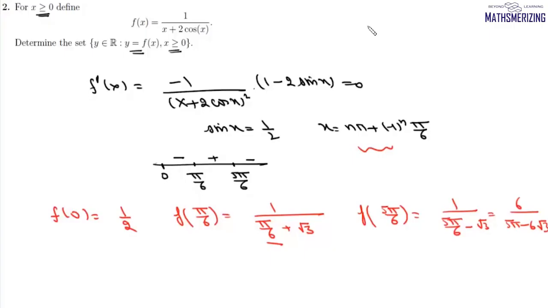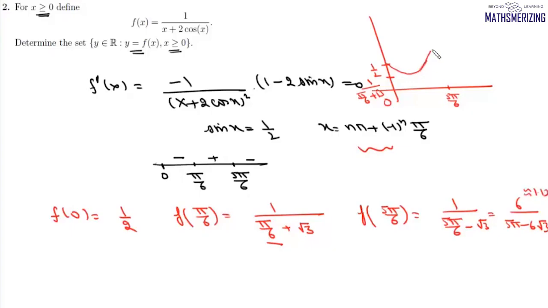So if we draw an approximate graph, at 0 this value is 1 by 2, and then this function decreases to 1 upon pi by 6 plus root 3, and then at 5 pi by 6 it increases to 6 upon 5 pi minus 6 root 3, which is nearly 1.13.